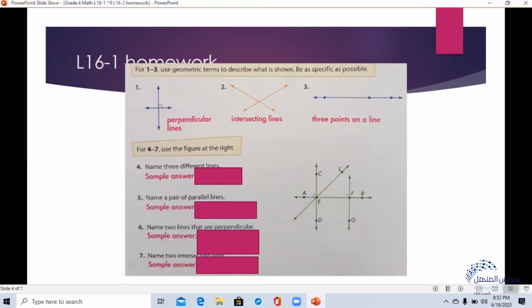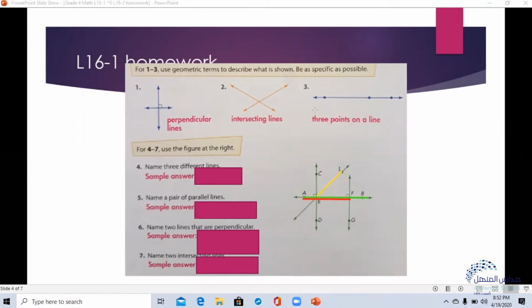Now, let's look at question number 4. Name 3 different lines. If we look at the different lines, we can see that A and B is a line, or A and F is a line. We can say E and L is a line.